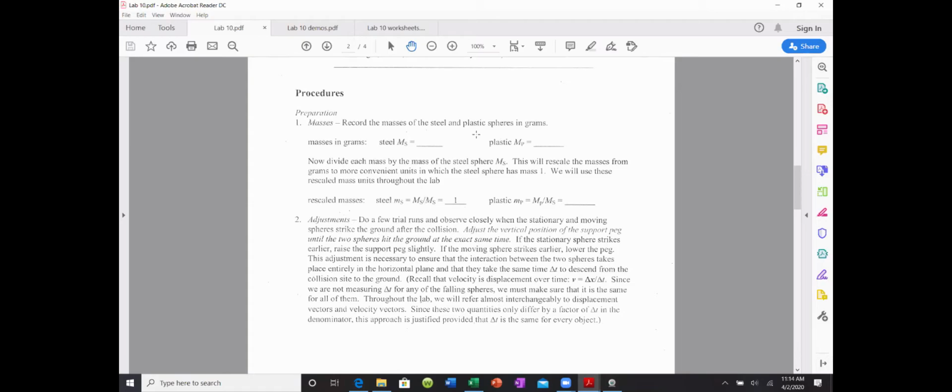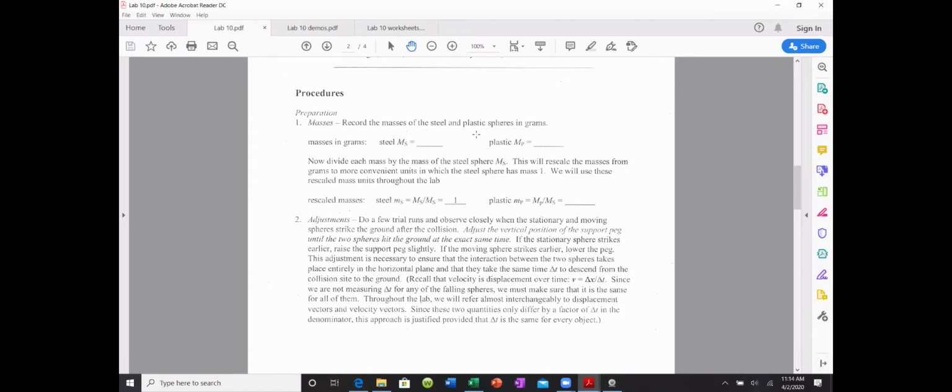In the first collision, the target marble is also steel, but in the second collision, the target marble is plastic. Sorry, these are capital. I should follow the notation in the lab. This is capital MP and capital MS, and mass of plastic is 2.67 grams. So these are the masses measured in grams.